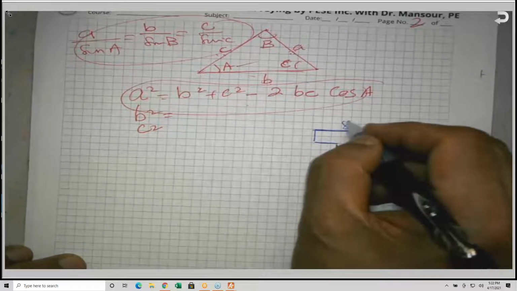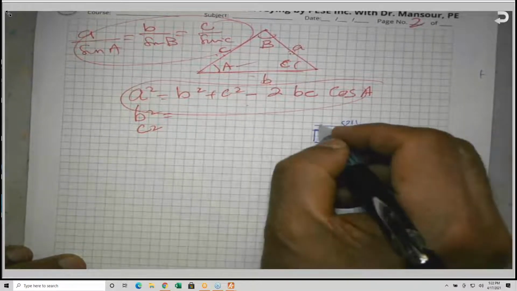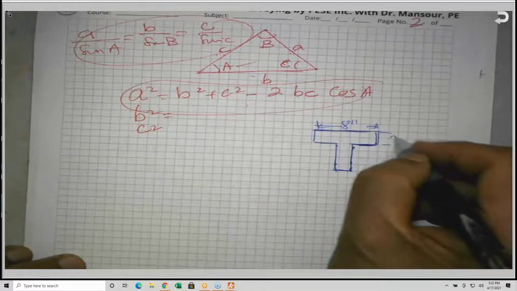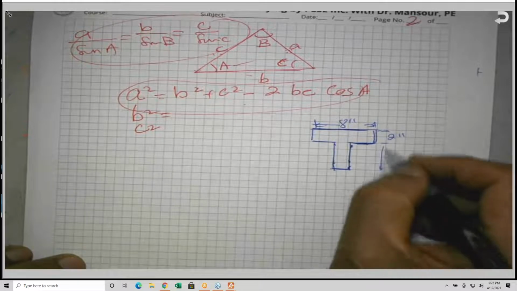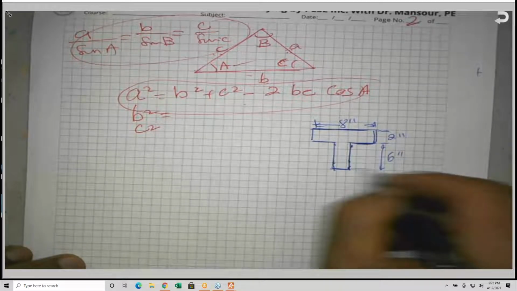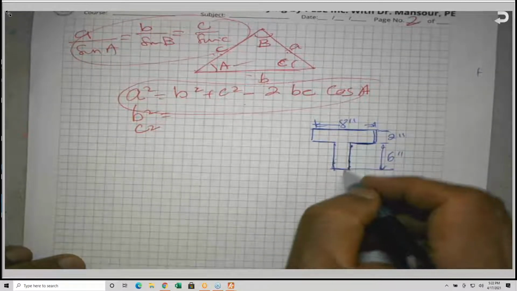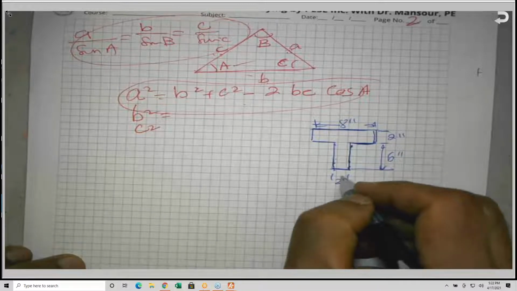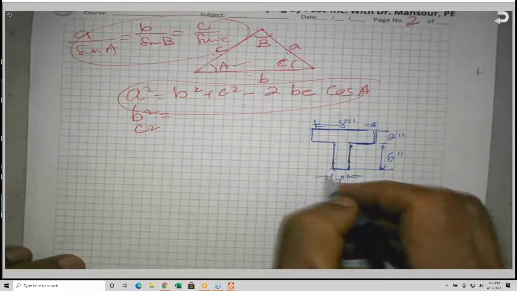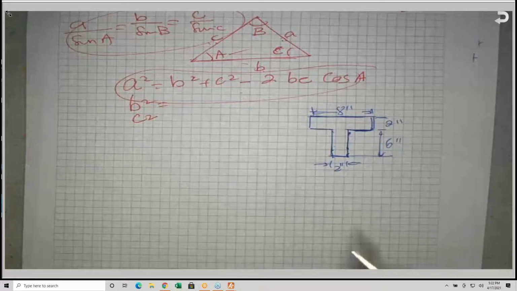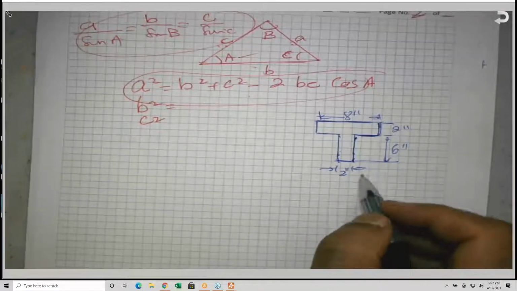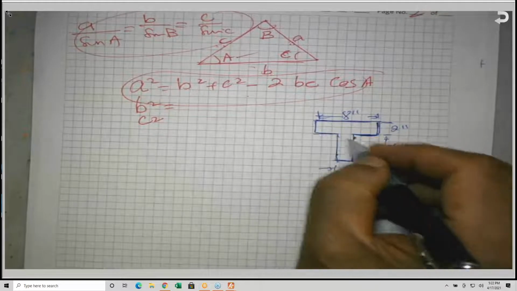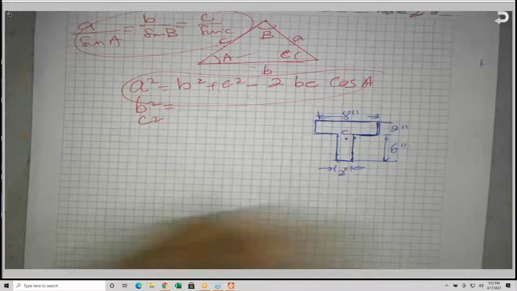So let's assume this is 8 inches. And here 2 inches. And let us assume that from here to here is about 6 inches. And assume that the web thickness is also 2 inches. Okay. So this area has a centroid C here.